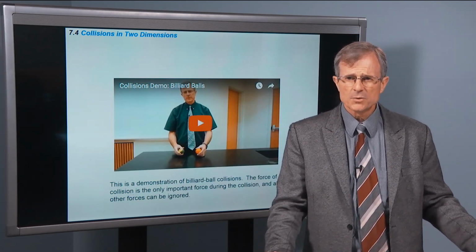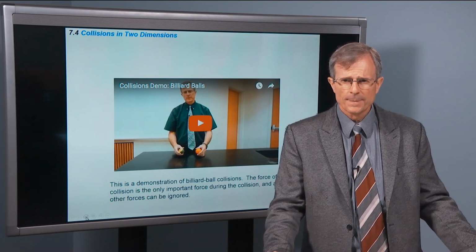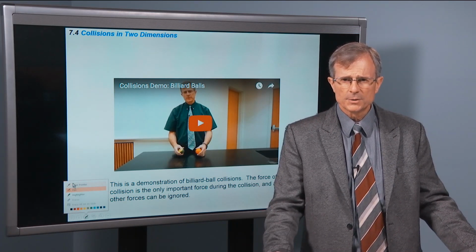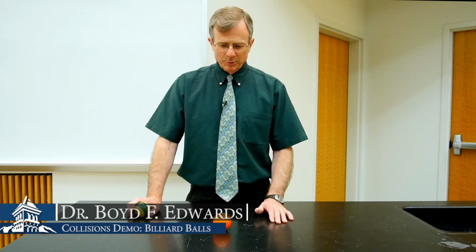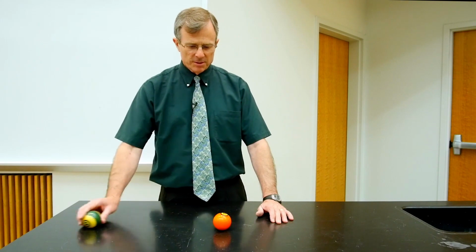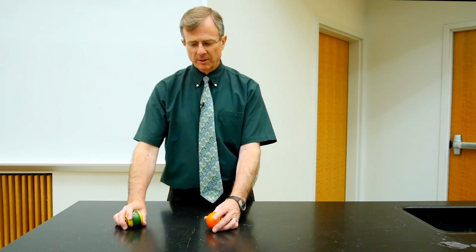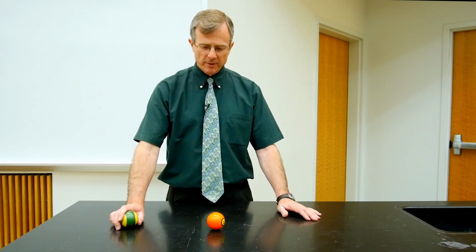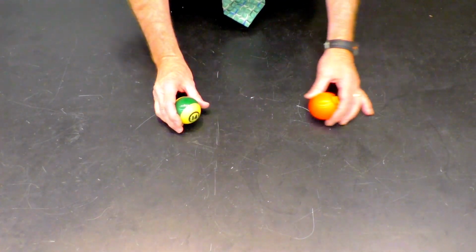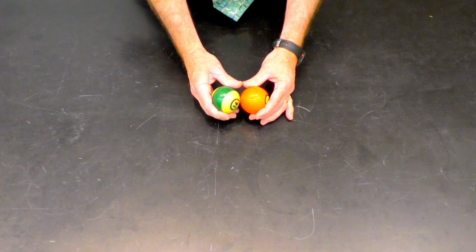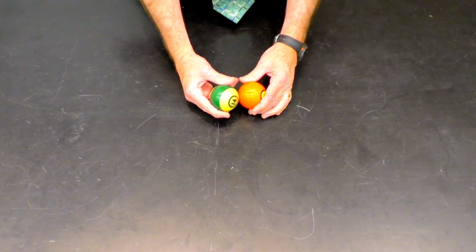Okay, here's a demonstration of a two-dimensional collision. Those of you who have played billiards or pool know all about collisions. Collisions are when one object collides with another. The amount of time for the collision is very, very small. And during that time, the force between these two billiard balls is very high.